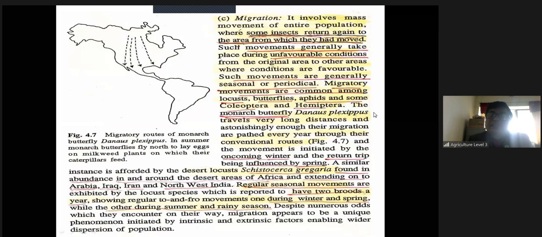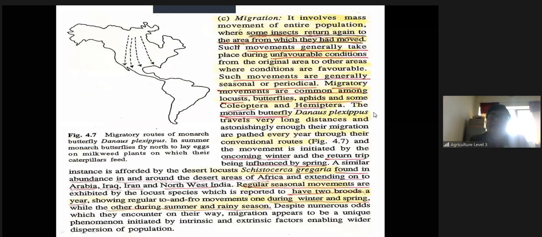As for example, when this migration starts, in the case of the migratory locust, in winter, there are two types of movement, and during the two times they produce two generations or two broods.